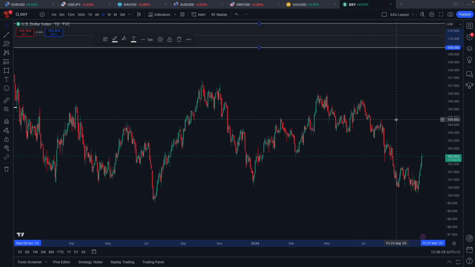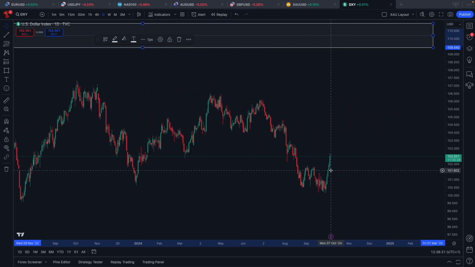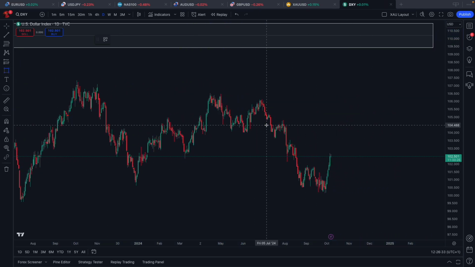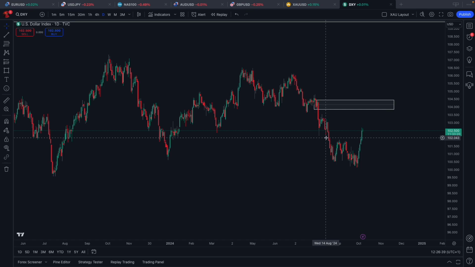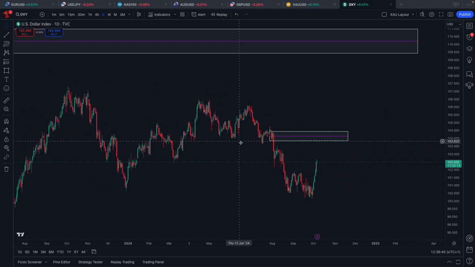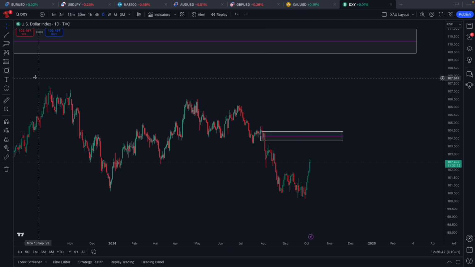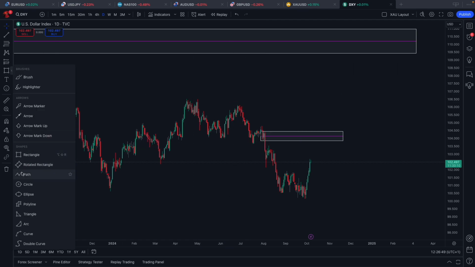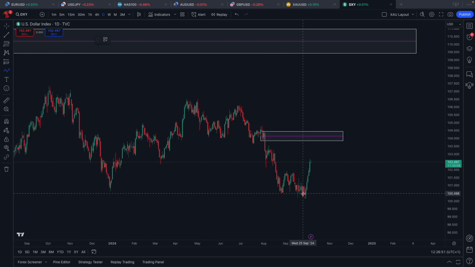Everything beyond this point has been mitigated. So then we would look at this structure here. Well, there is an area of interest that stands out for me here. This is a clear order block. And this is an area of supply price may come to trade up and into. And I do believe that we may see some kind of rejection from here, giving us the opportunity to get involved in some short positions.